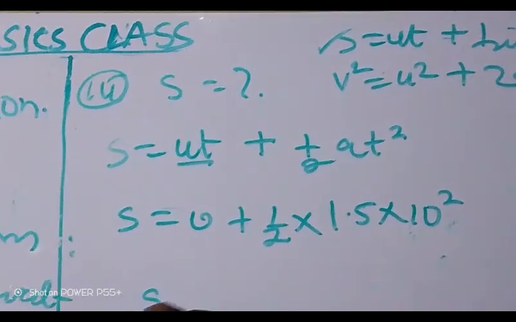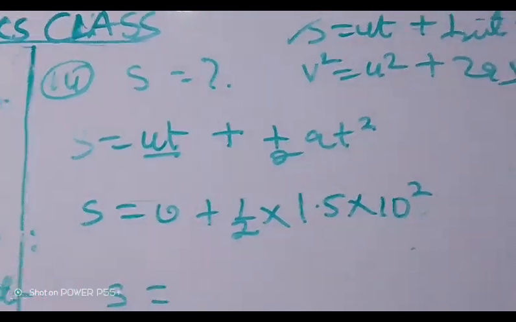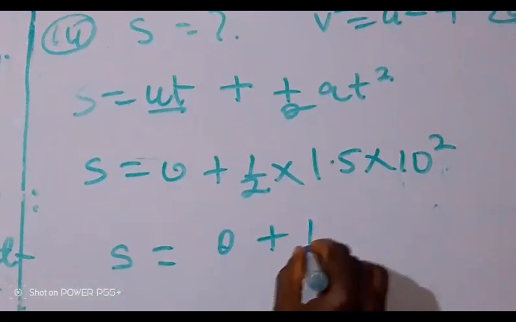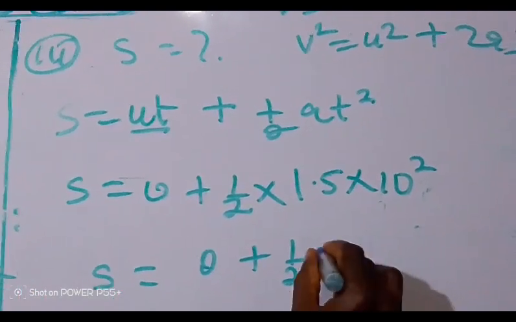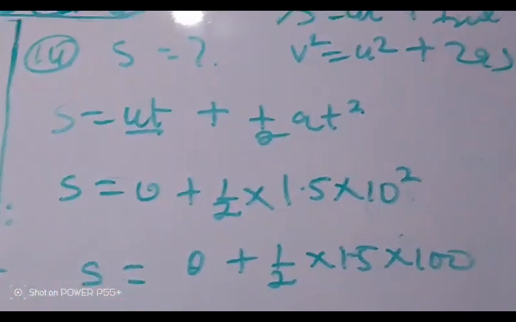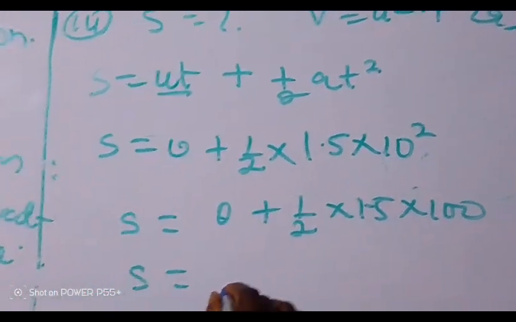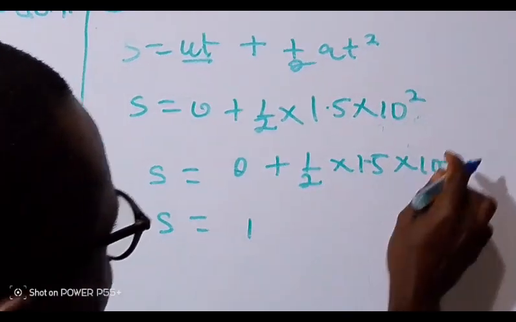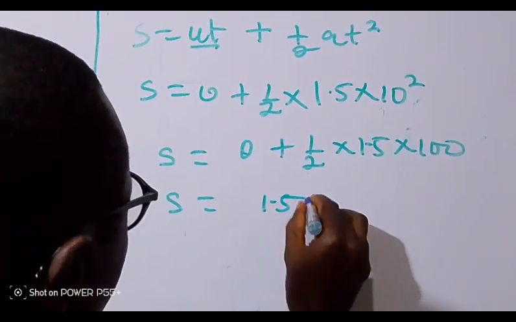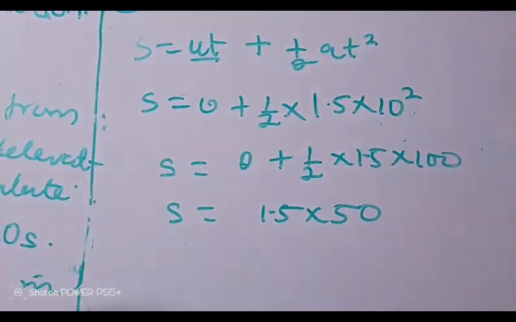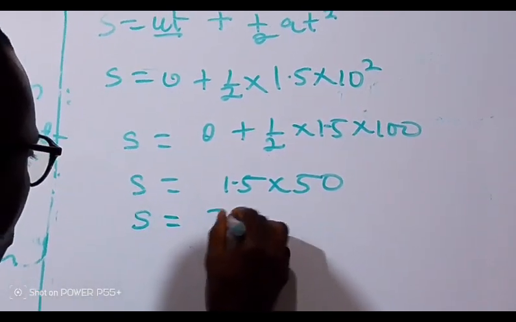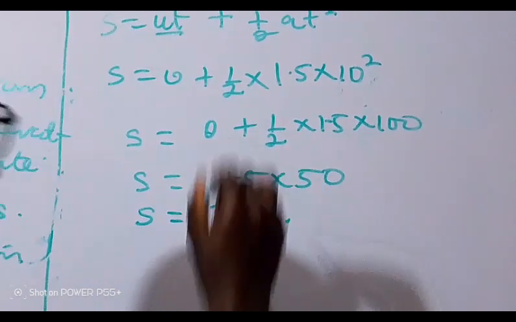So this one will now give S is equal to 0 plus half multiplied by 1.5 multiplied by 100. So S will be equal to this divided by this 2, that's 50. That's 1.5 multiplied by 50. Therefore, finally, S will be equal to 75 meters.